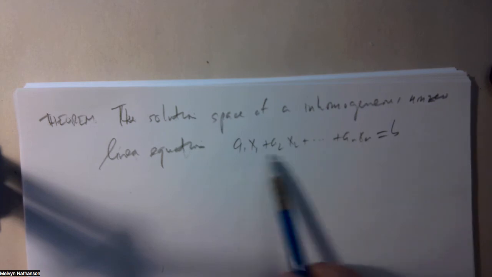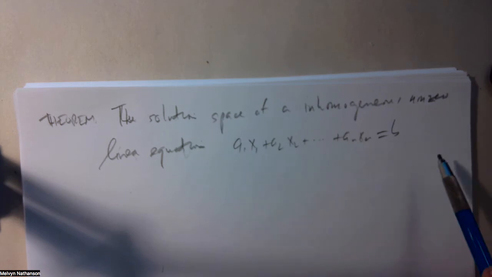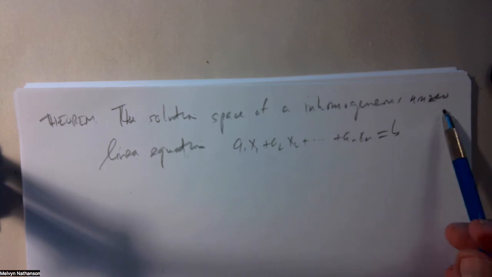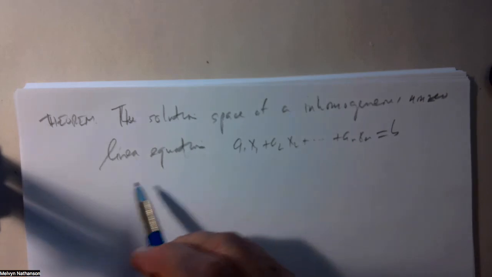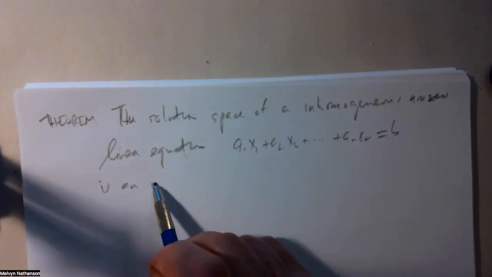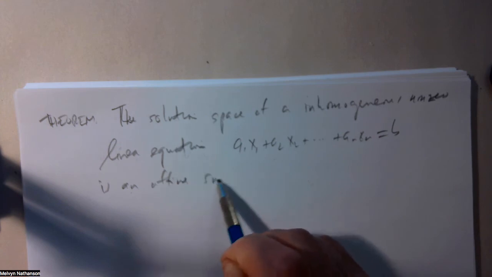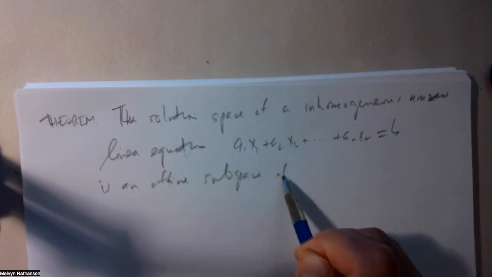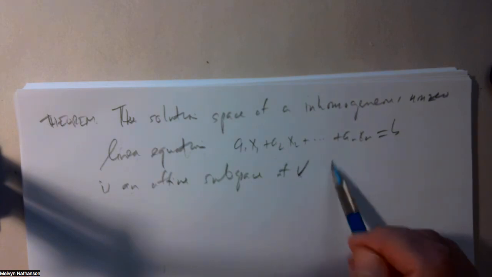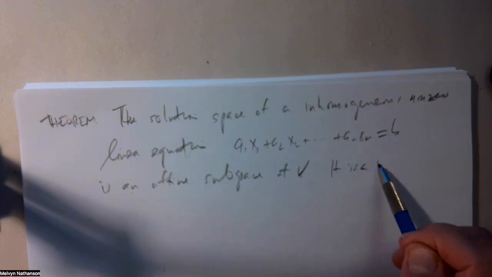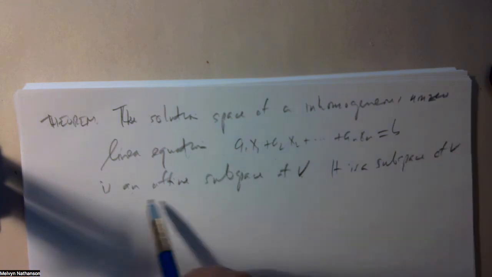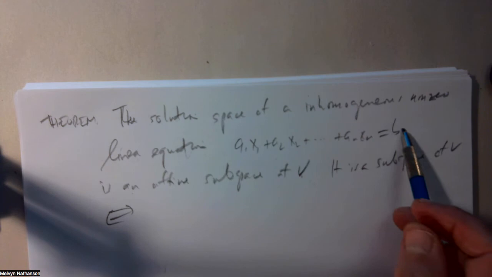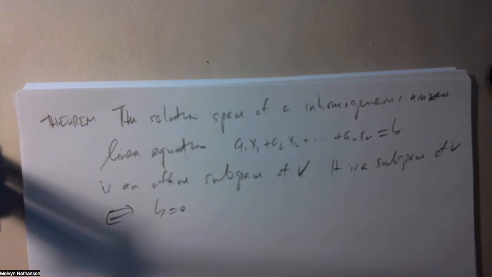Of course, non-zero, not all the a's can be 0. So the solution space of the non-zero inhomogeneous linear equation is always an affine subspace of V. It is a subspace of V, a vector subspace of V, if and only if the equation is homogeneous, which means if and only if b is 0.